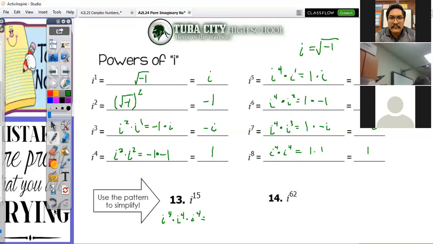But to get 15, I'm going to have to multiply it by i to the 3 on the last one, so the powers will combine to make i to the 15. And i to the 4 is 1, times 1 times 1 times i to the 3. If we look at our chart, i to the 3 is equal to negative i. So I just need to put negative i there and we are done.